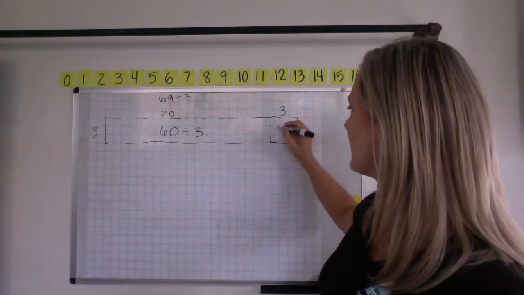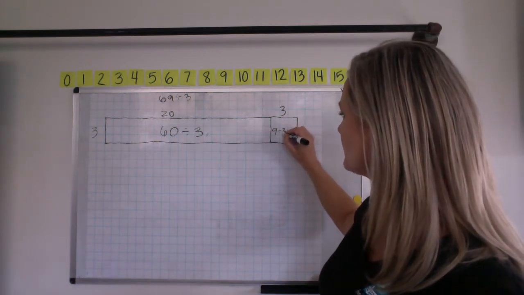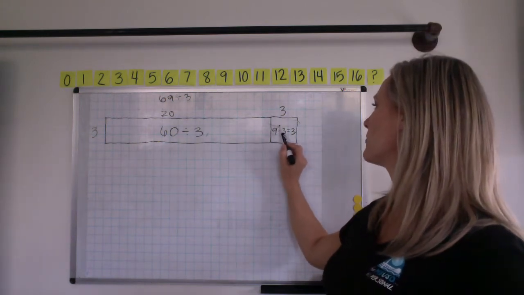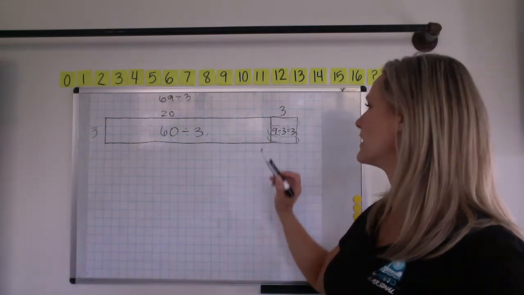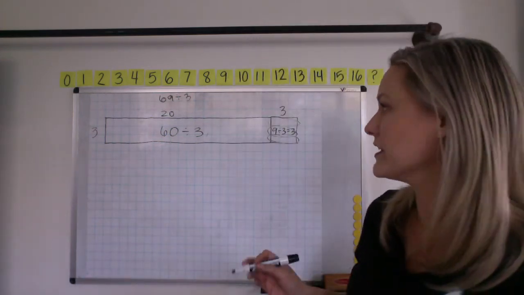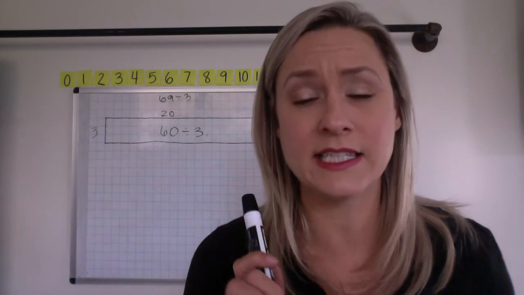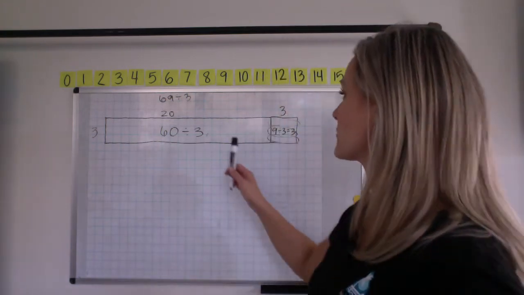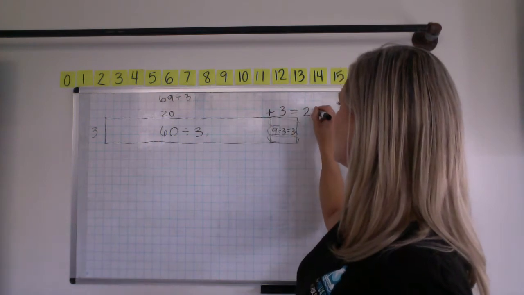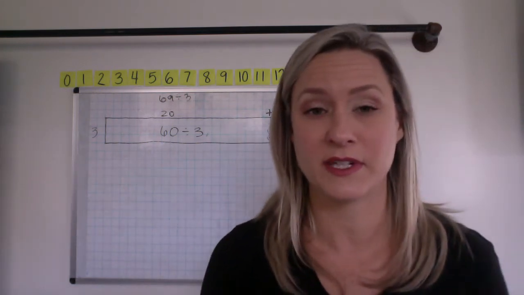So we've got 9 divided by 3 equals 3. So we've got 1, 2, 3, 1, 2, 3, 1, 2, 3. So 9 divided by 3 is 3. All right, so our answer to this is 23. The answer is right here on the top, 23. So 69 divided by 3 is 23.